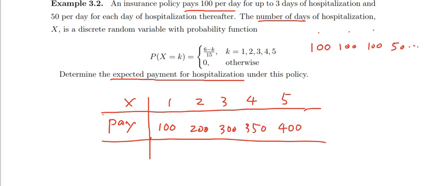So what is the probability for 1 day or 2 days, or what is the probability of paying 100, 200? So we say the probability for k equal to 1 is 5/15, right? And k equal to 2 is 4/15, 3/15, and 2/15, and 1/15.